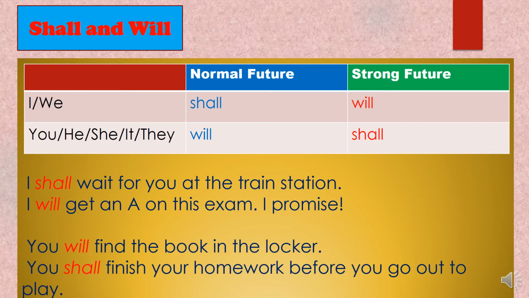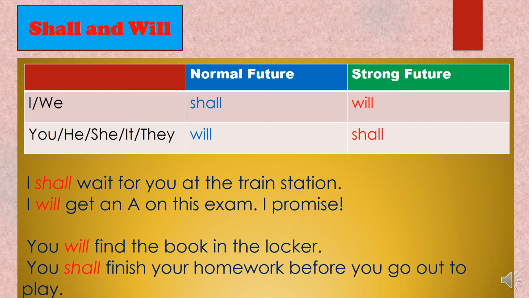So see, when there is normal future, when there is a normal thing, when we are saying something very general, then we always use shall with I. But if you use will, that will also be fine, it is not wrong.